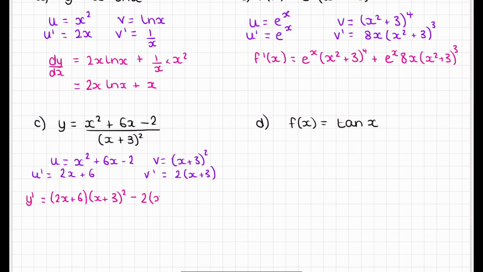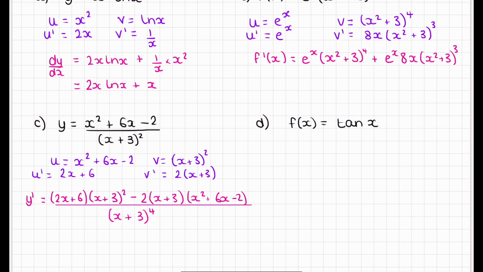So minus 2(x plus 3) multiplied by (x squared plus 6x minus 2), all divided by v squared, which would be the (x plus 3), then the squared there will become to the power of 4. Now with this one, it does look like one you could simplify, but there's a lot of steps there in doing that, so I'm just going to leave my answer like that for now, because it's more the process of applying the quotient rule.